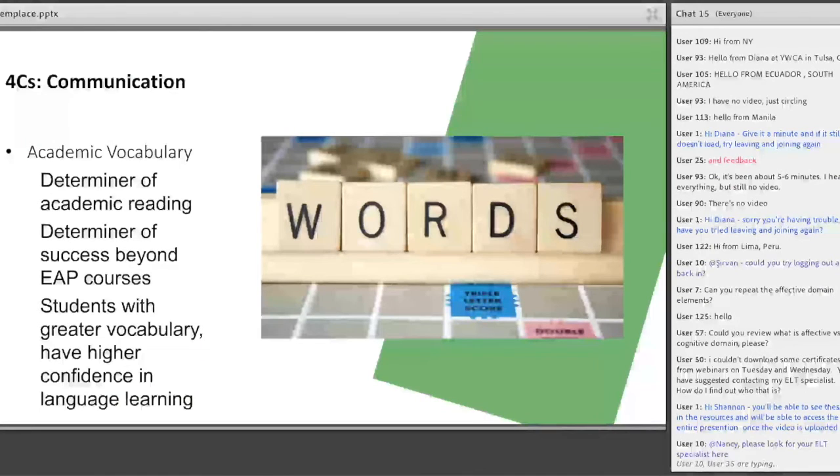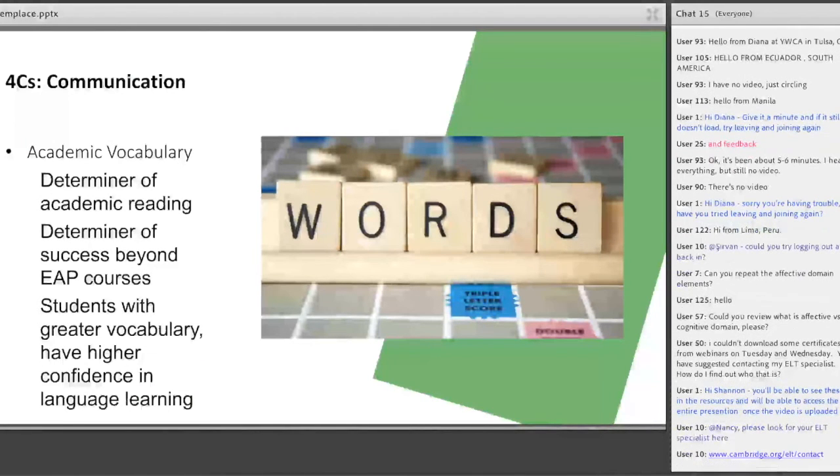So we have to first think, what do we know about academic vocabulary? Well, three really important things have come out of the research. One, their academic vocabulary is a determiner of academic reading skills. Okay, so the stronger their vocabulary is, the stronger they're going to be as academic readers. It's also a determiner of their success beyond EAP courses.